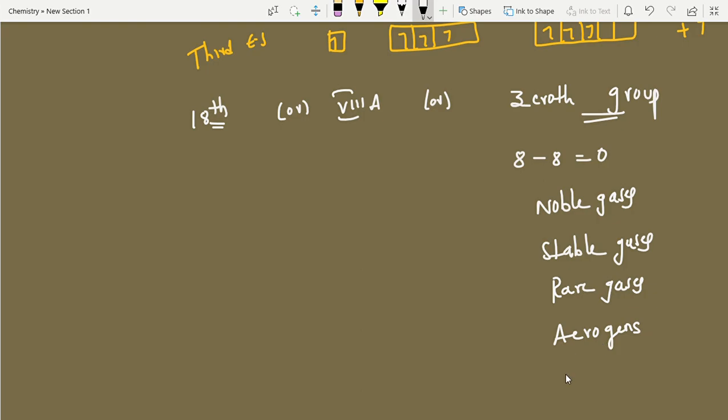Argon is the most abundant one. Other names: noble gases, stable gases, rare gases, aerogens. Configuration: duplet. Only helium is duplet. Like this, different names. Here finally I am writing helium, neon, argon, krypton, xenon, radon.